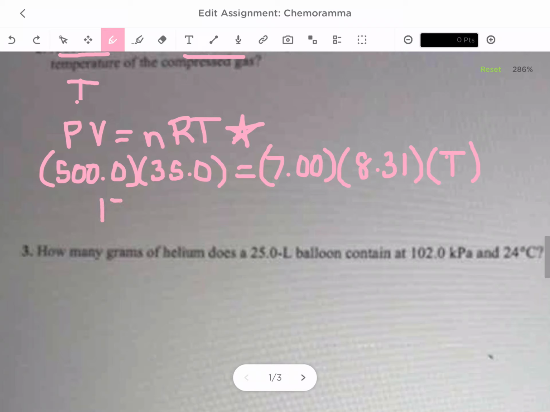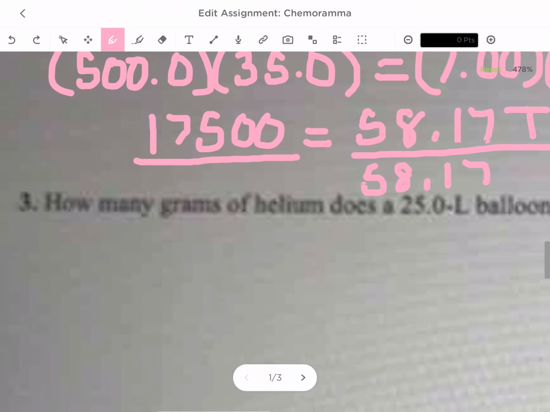It is 17500 equals 7 times 8.31 equals 58.17 times T. How do we fix this? Divide both sides by 58.17 to get T by itself.